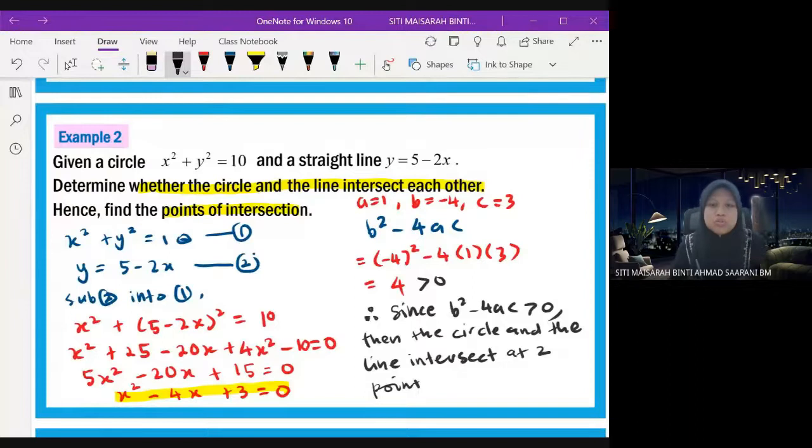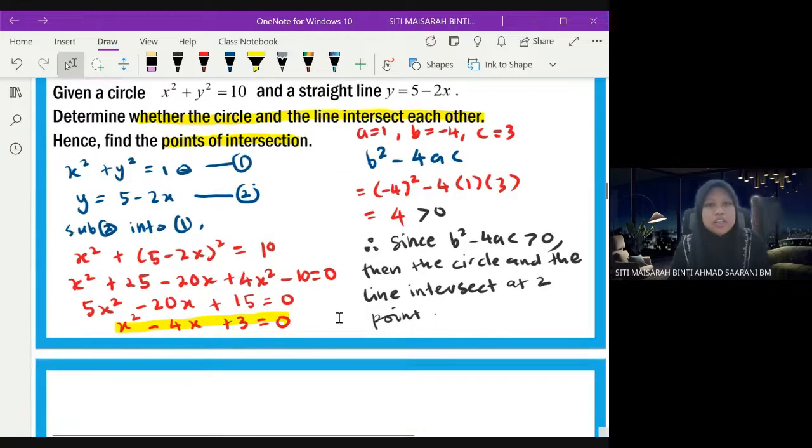Or boleh guna juga, then the circle and the line have two different root pun boleh juga. Yang maksudnya sama lah. Ataupun boleh sebut then the circle cross the line pun boleh, cut the line pun boleh, as long as kita faham lah.